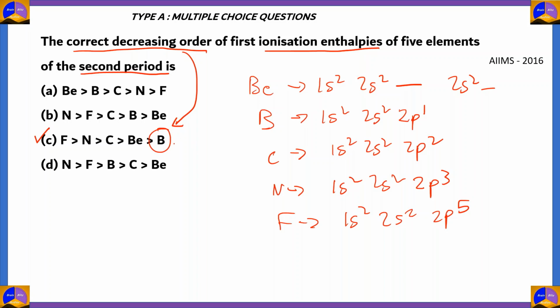And in case of ionization enthalpy, we know that boron is the least because it has one electron to be removed in order to gain beryllium's electronic configuration. So therefore, we can say that option C is the right option just by looking at which has the lowest ionization enthalpy. So boron has that, and the only one with the option is option C.